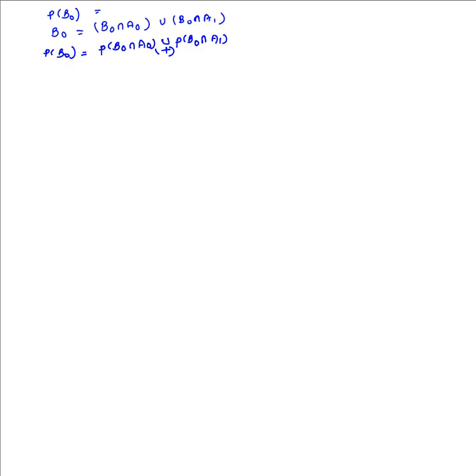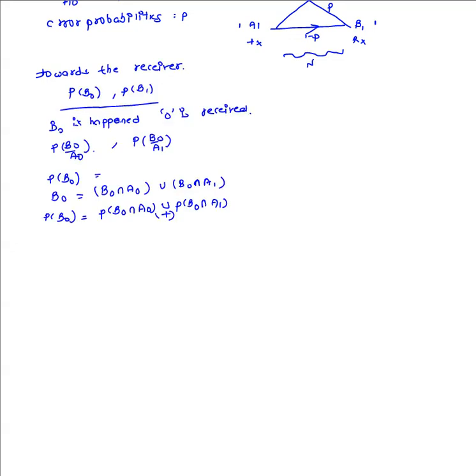Now if we go a bit deeper here, these probabilities, b naught intersection a naught and b naught intersection a1, are joint probabilities, and joint probabilities can be written in terms of conditional probabilities. So P of b naught can be written as P of b naught divided by a naught into P of a naught, plus P of b naught divided by a1 into P of a1.